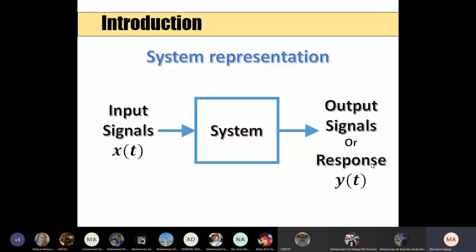There are many other characterizations of systems. In this course, we are going to learn about LTIC systems, which we will explain at the end of this chapter. LTIC means L is linear, T is time, I is invariant, C is causal. So in this class, we learn about LTIC systems.